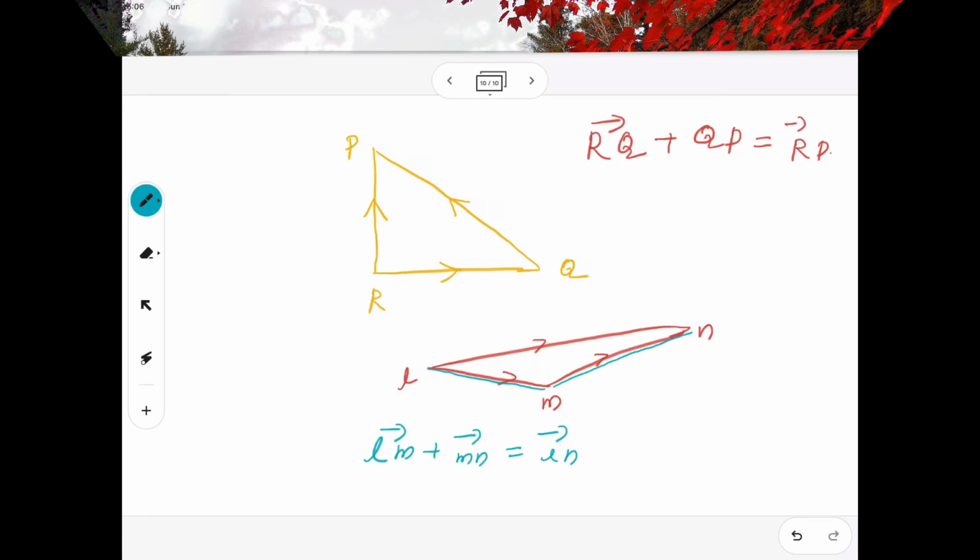So this is what we call the triangular law of vector addition. Once again, when you want to add two vectors, you consider these two vectors as adjacent sides of a triangle. Then definitely the third side will be the resultant of these two vectors. That is the triangular law of vector addition.